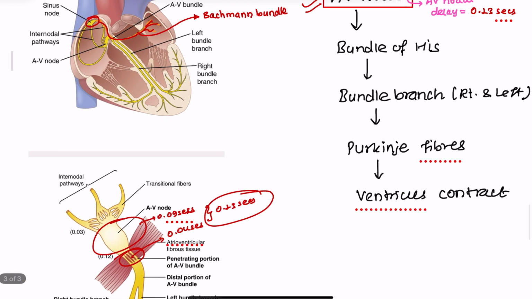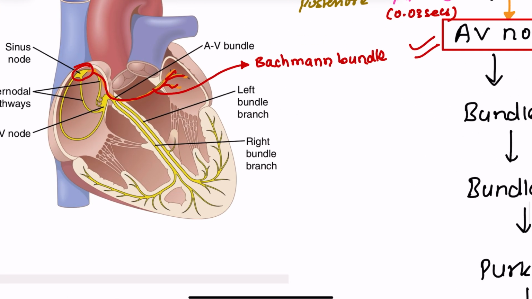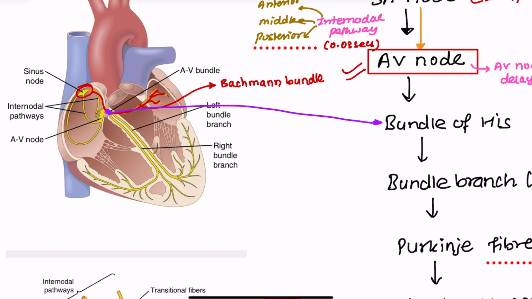Now the impulse will travel from this AV node to this small portion which is called the bundle of His. And from the bundle of His, the impulse will travel through these two branches which are called the right and the left bundle branch, and they are located subendocardially in the interventricular septum.